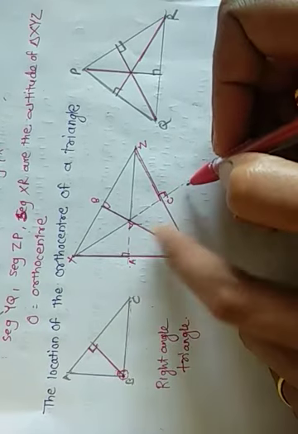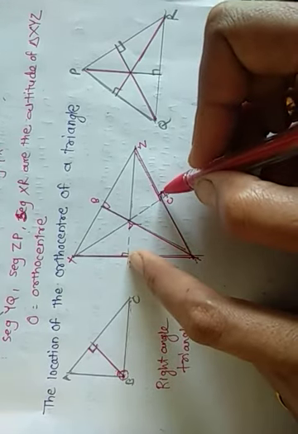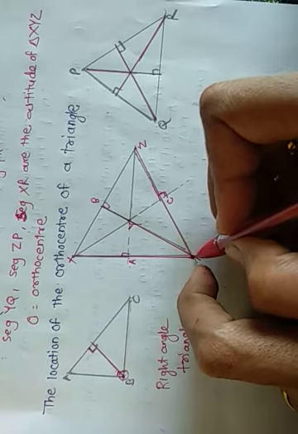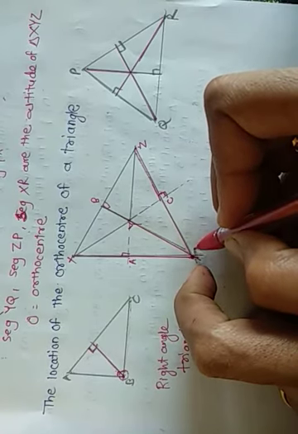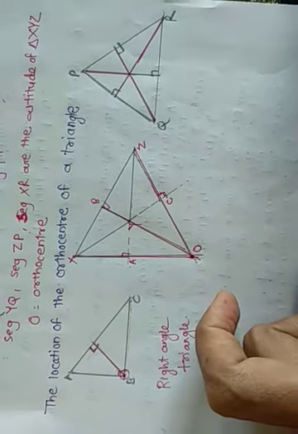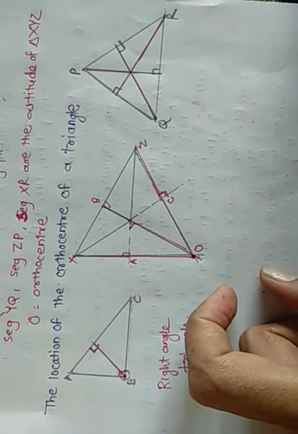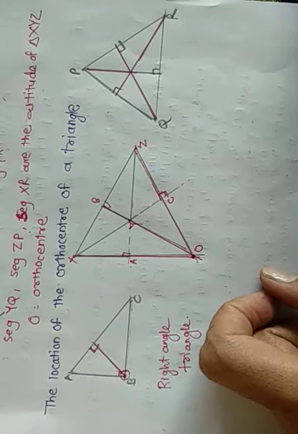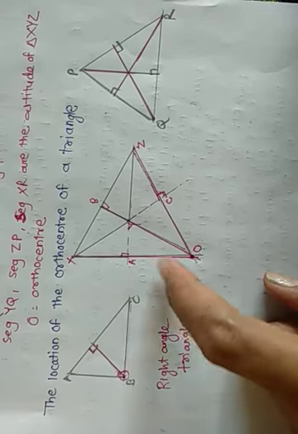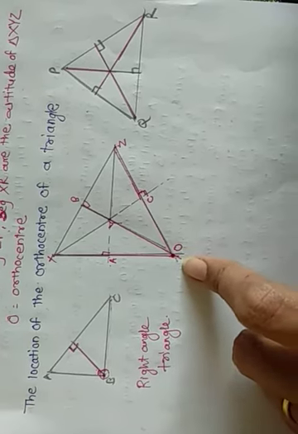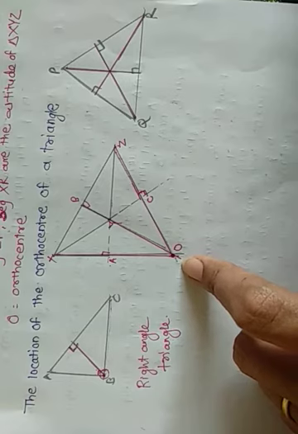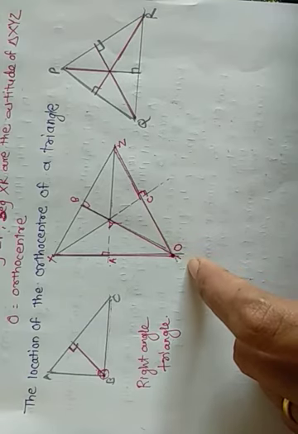We extend the sides and draw the altitudes. Their altitudes meet outside of the triangle. So the orthocenter of an obtuse angle triangle is in the exterior of the triangle, means the orthocenter of an obtuse angle triangle is outside of the triangle.